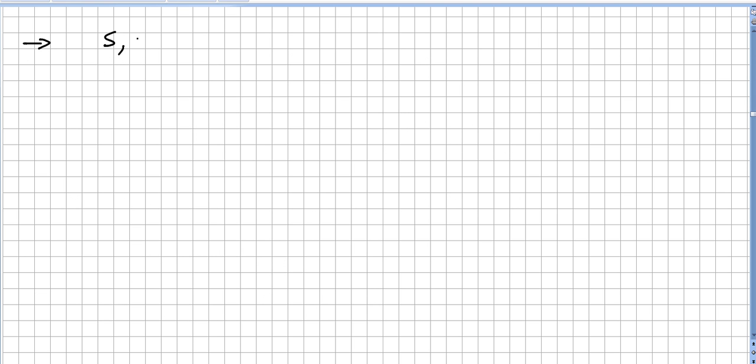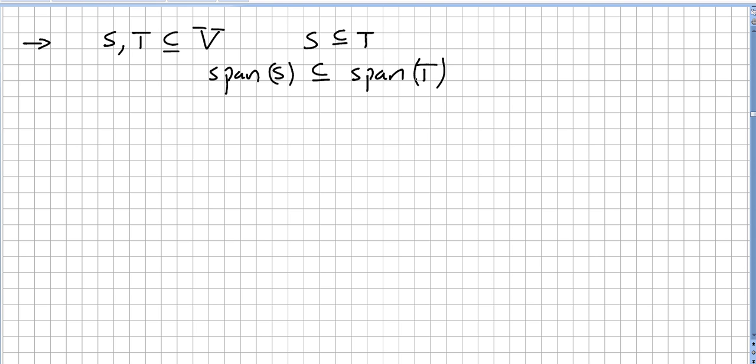Now let us say we have S and T, and they are both subsets of a vector space V. But let us say that S is a subset of T. We are going to see that the span of S, since S is a subset of T, will be a subset of the span of T. The proof is really easy.